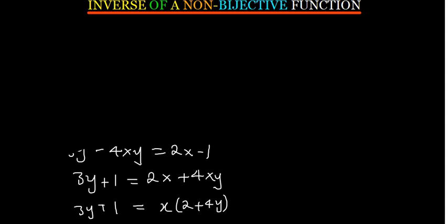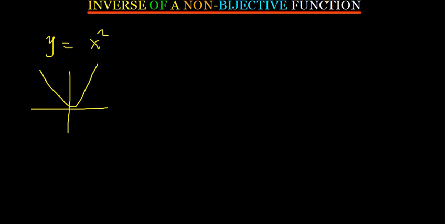Now this is not what I want us to look at. We want to understand how to find the inverse of a quadratic function. A quadratic function is in the form x squared. So for this quadratic function, it goes like this.